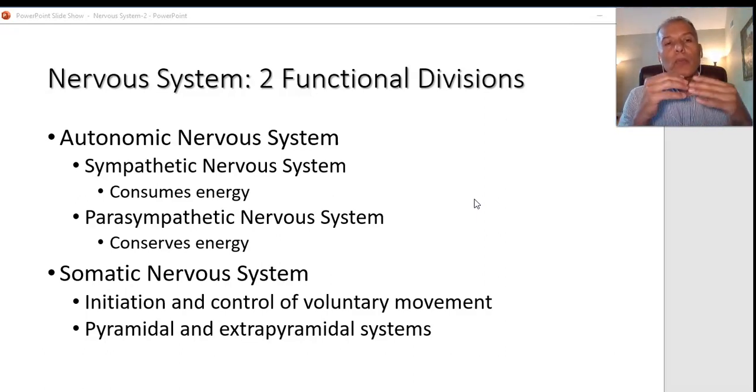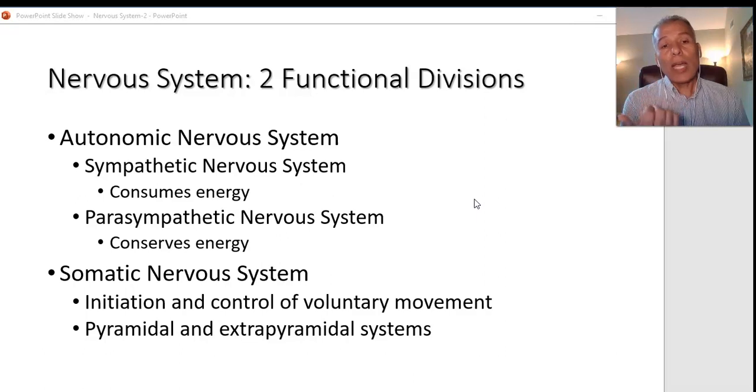The other functional division of the nervous system is the somatic nervous system. Soma means body. The function of the brain and spinal cord is to control the body by enabling it to move and stop, by bringing sensation from the different parts that tell you what to do and how to move, or if you should move, and so on.